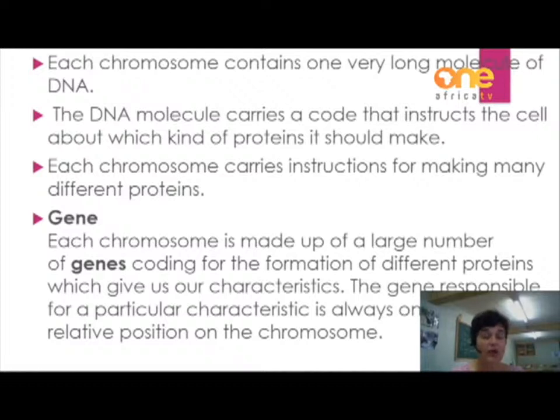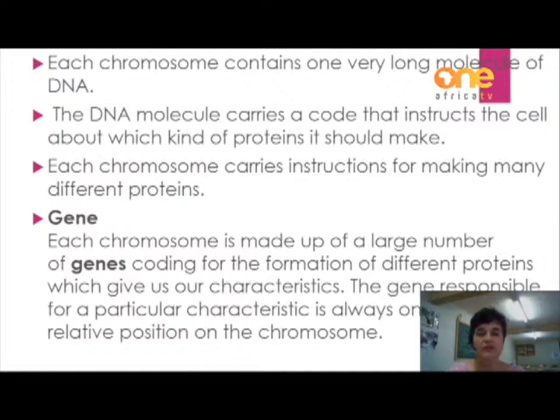And that is how they now can find the gene that causes specific diseases or problems in the human body, because they know where the gene is to make the mucus inside your lungs.